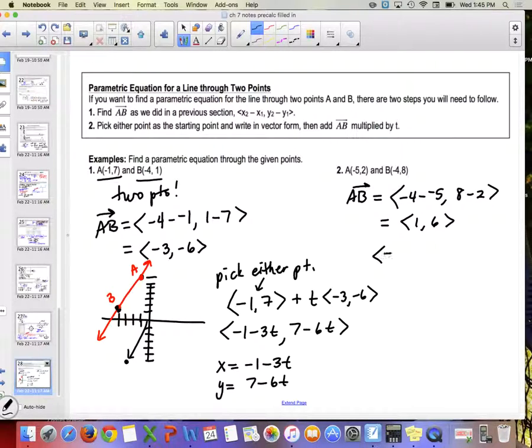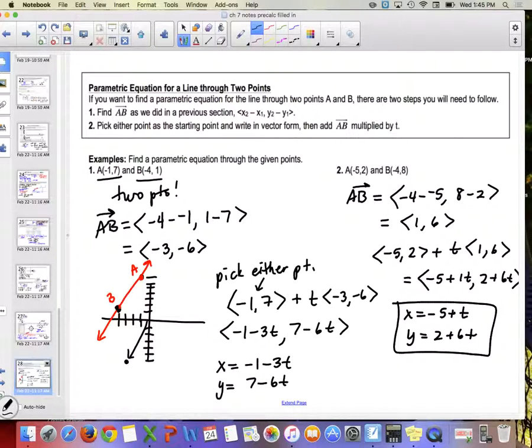So if I take my -5, 2, and then I do plus t times 1, 6, I get my parametric equation. So I'm going to combine, I have -5 plus 1t, and then I have 2 plus 6t. Combine just like you would think. Distribute the t in, combine your x's and y's. So we get x equals -5 plus t, and we get y equals 2 plus 6t, like that. Okay, and that's our answer.